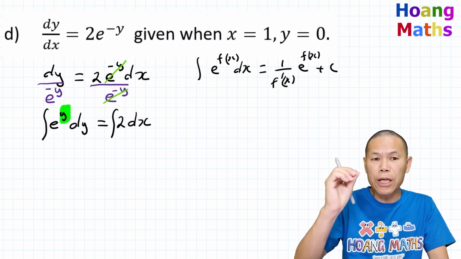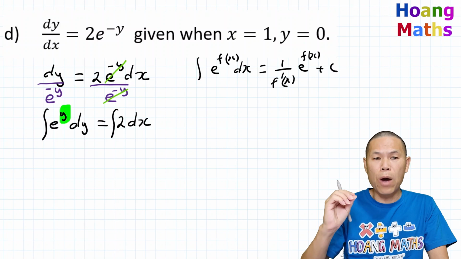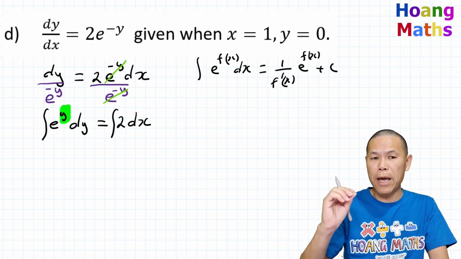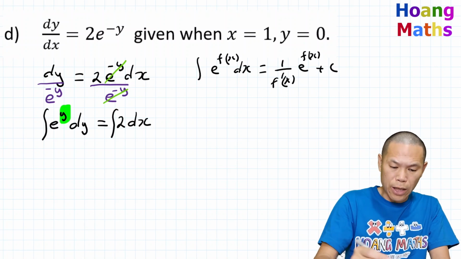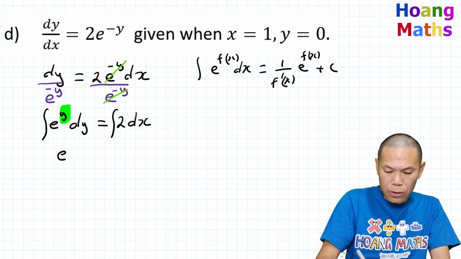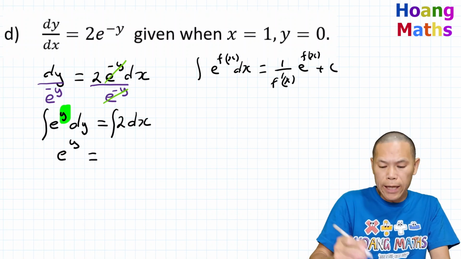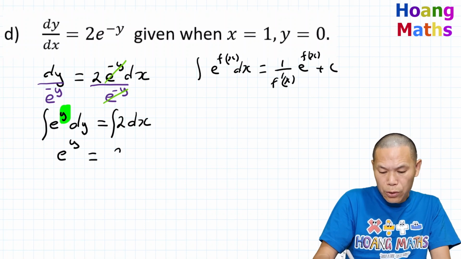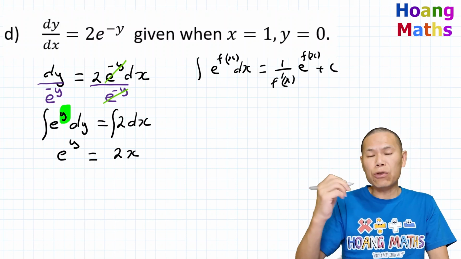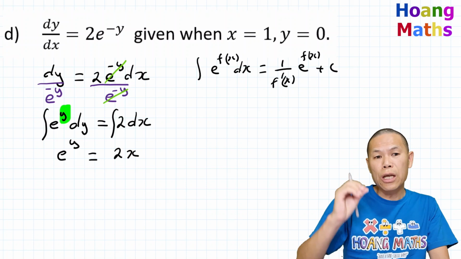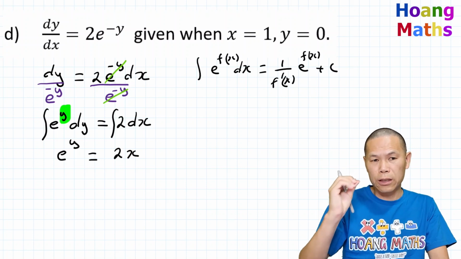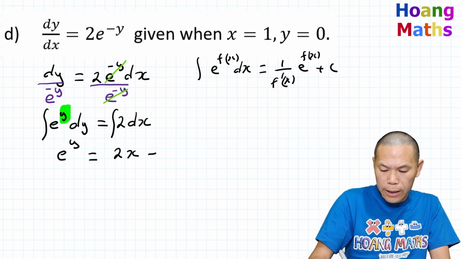So this becomes e to the y over 1, which is the same as e to the y. So the answer is e to the y. Integrating 2 dx gives me 2x. Now that we finish with the integrations, we need to add a constant c. Don't forget, okay? So add c.